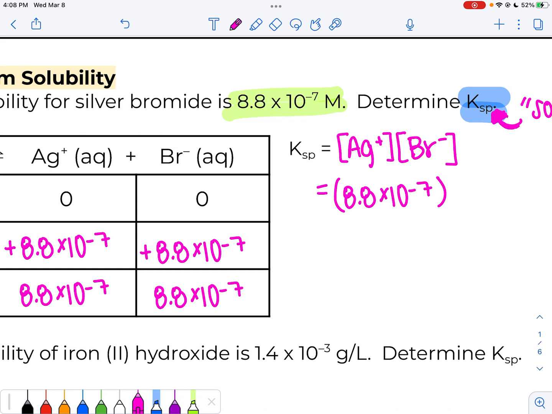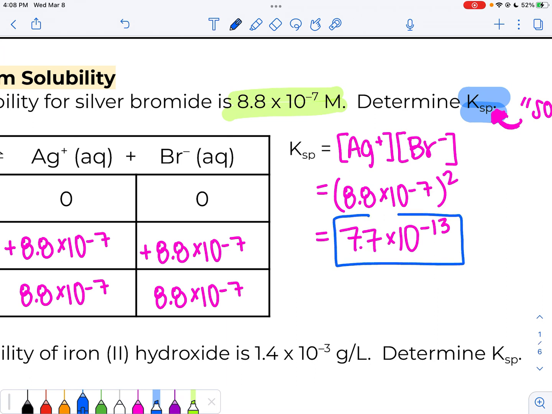Rather than plugging this in twice, I'm essentially squaring this value, so I'm going to write my solubility product like this. But really what we're doing is 8.8 times 10 to the negative 7th times 8.8 times 10 to the negative 7th. So plugging this in your calculator will yield the value 7.7 times 10 to the negative 13th. So this is our KSP value for this reaction.